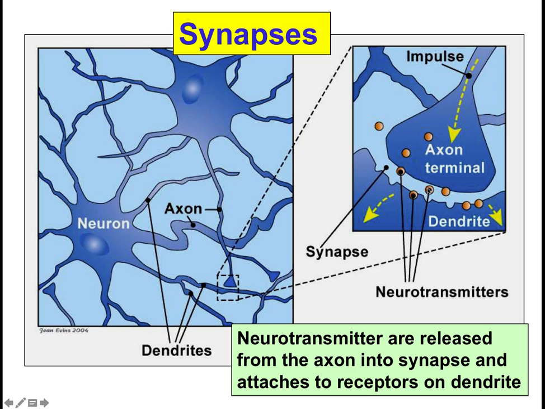And these neurotransmitters are little molecules that exist in this space, in this synapse, and they will move from the axon to receptor sites that are on the other side on the dendrite. And when they do that, they effectively relay that information and trigger a continued movement along the dendrite, and the process continues.